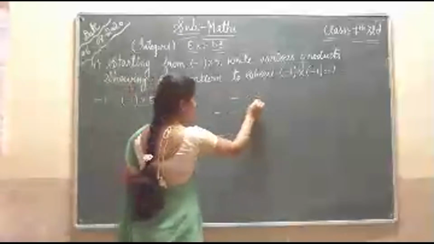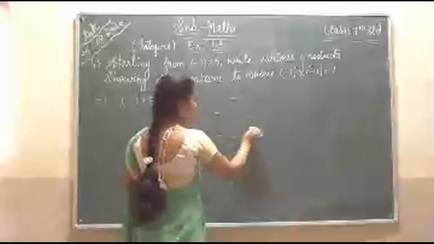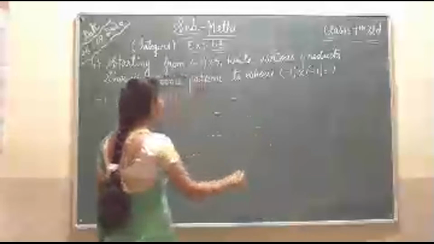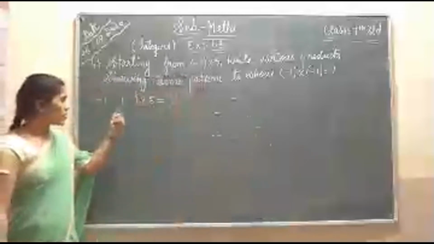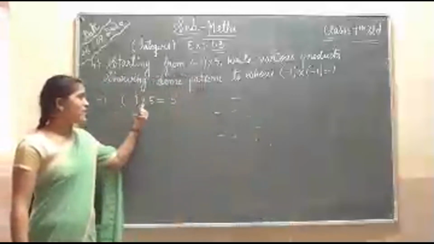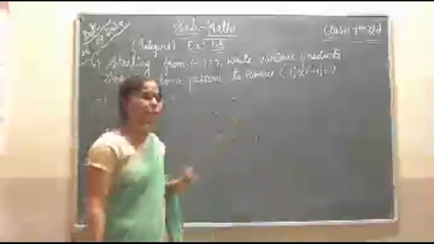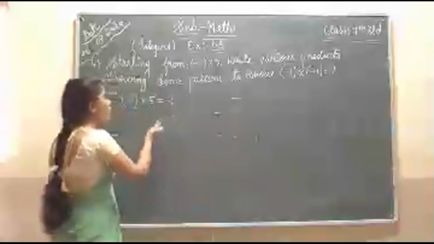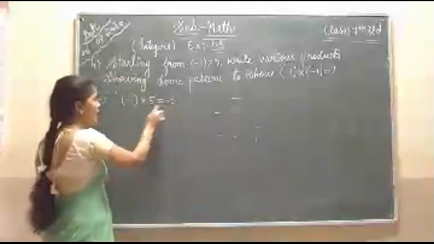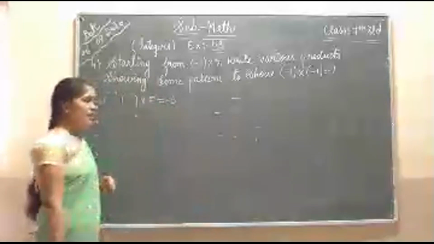Plus minus, minus; minus plus, minus; minus minus, plus; and plus plus, plus. These are rules. See here one is minus and another one is plus. So answer is negative. 1 5s are 5. Minus into plus is minus.